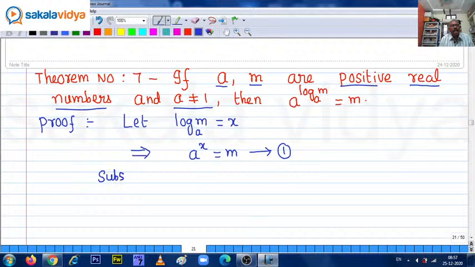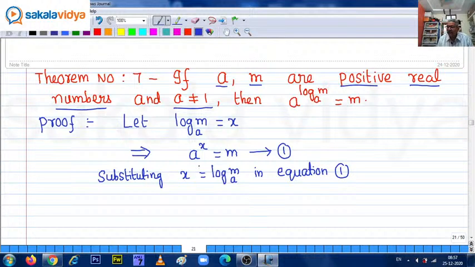Substituting x is equal to log m to the base a in equation 1, we get a raised to log m to the base a equals m.